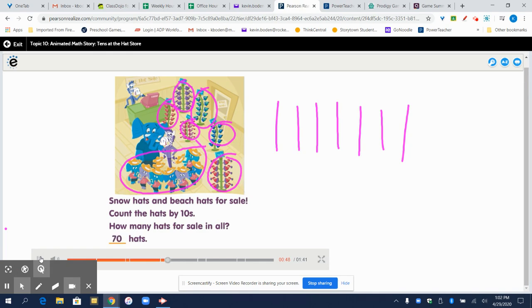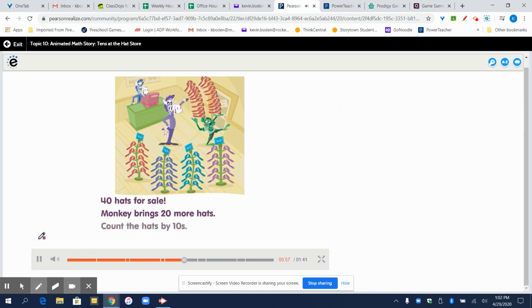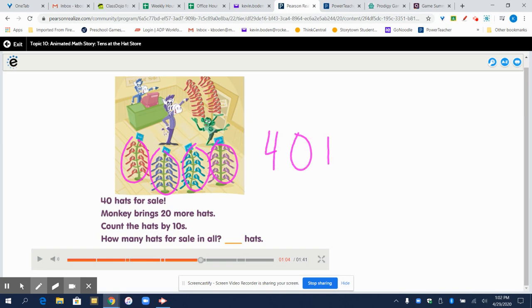All right, next question. 40 hats for sale. Monkey brings 20 more hats. Count the hats by tens. How many hats for sale in all? All right, this one's a little bit trickier because they start with these 40. So 10, 20, 30, 40. Plus monkey brings in 20 more.